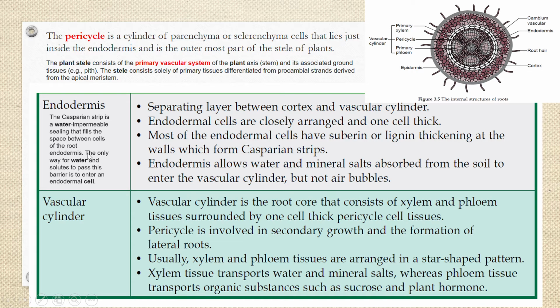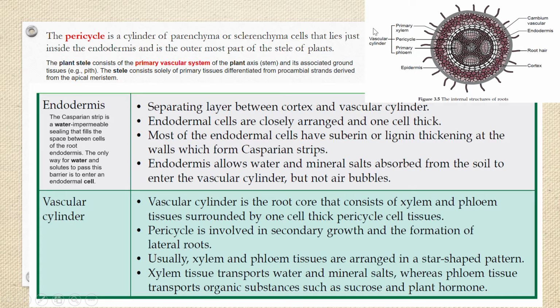Since they are water impermeable, how is water going in? Since you know the roots' function is to absorb water and mineral salts, but then we say that this Casparian strip is water impermeable.